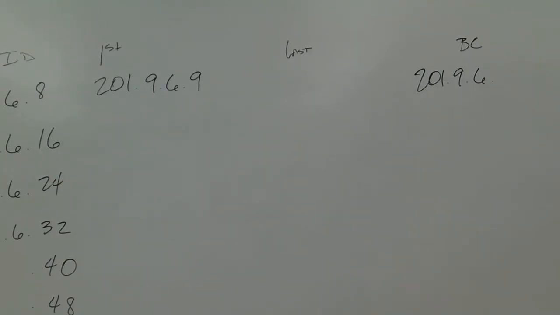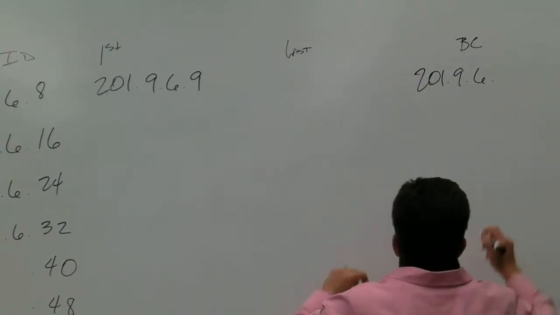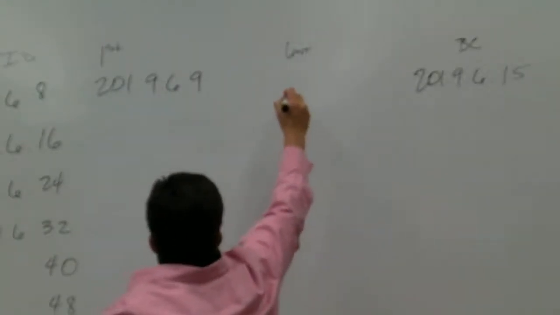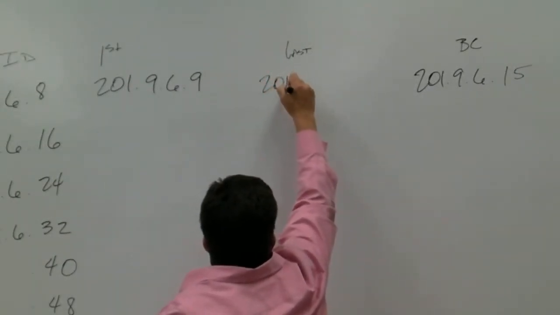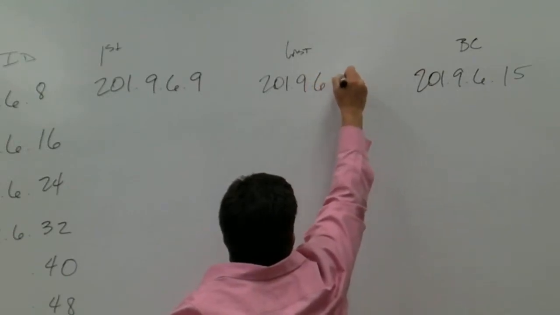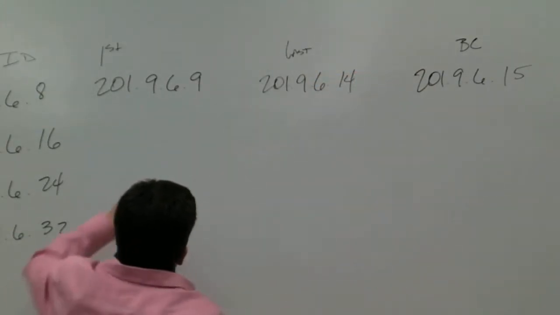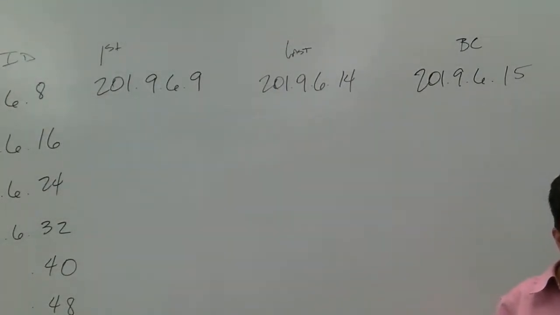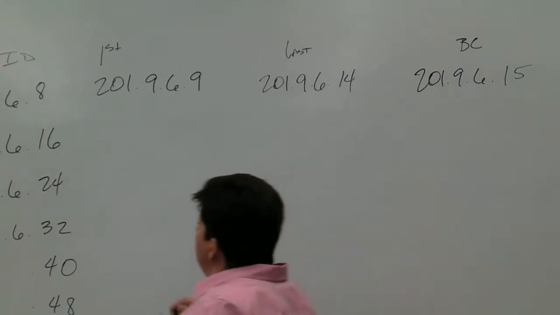Take the next network ID and do what with it? Okay. 15. And then subtract one more. 14. From 9 to 14, are there 6? All day long.